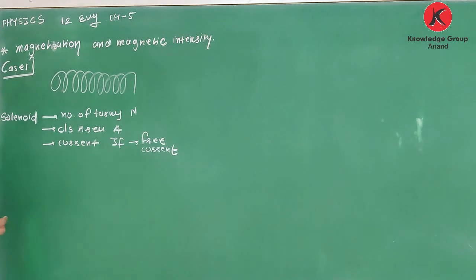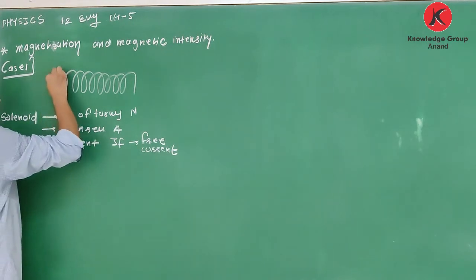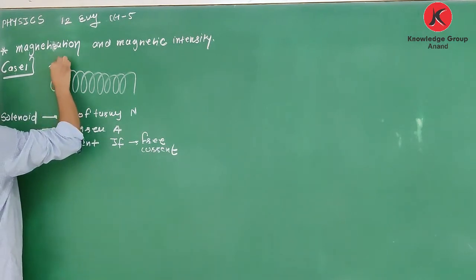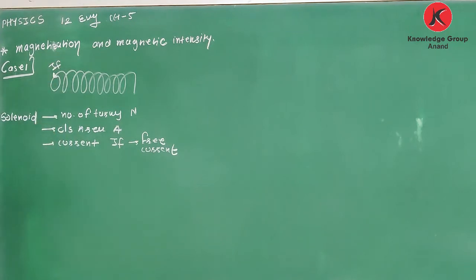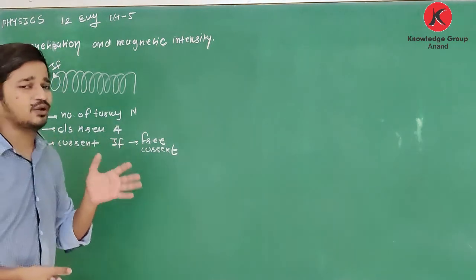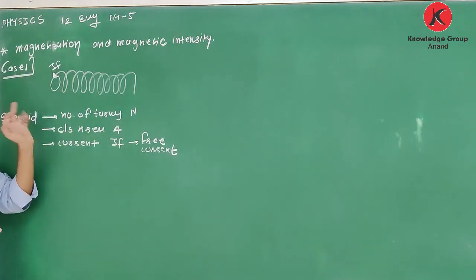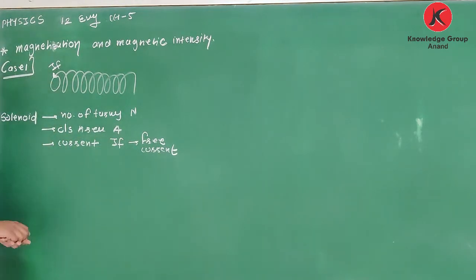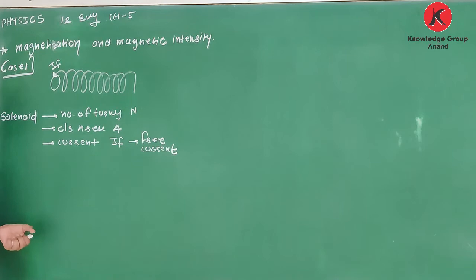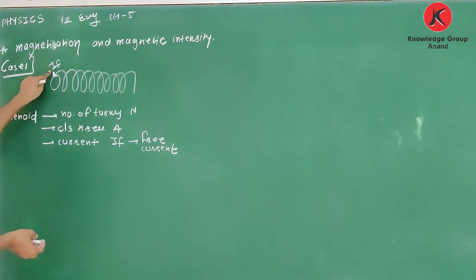Why free current? Because we are free to flow any current in this solenoid. If you connect a battery of the respective voltage, then obviously the current flowing through this solenoid will be free, meaning we can set the value of current as per our choice.